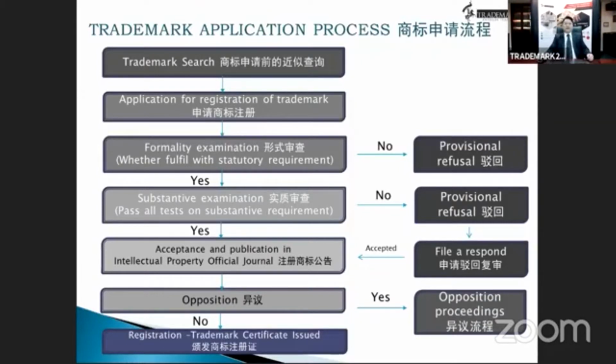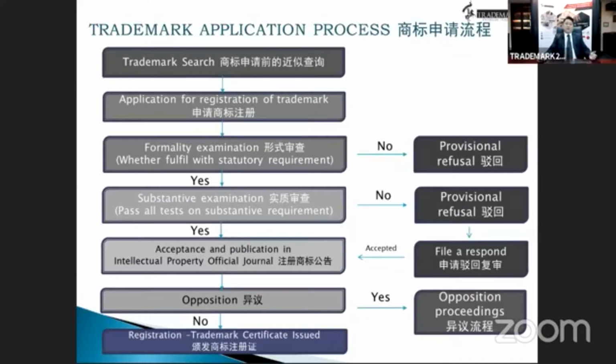So some of you might ask me, I have used my trademark for years. Can I sue somebody? I'm encountering an infringement, or maybe a potential upcoming infringement case, and I wish to sue somebody for infringing my trademark.